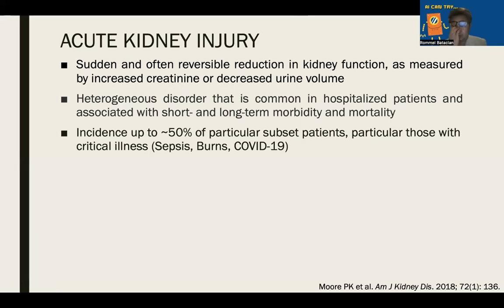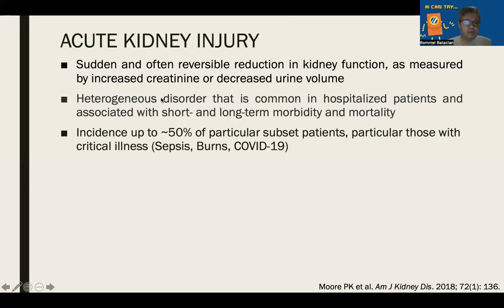So definitely there's no deviation here from acute kidney injury. But it's more of the volume now, as the primary urine parameter that we check for determining the severity of an acute kidney injury.